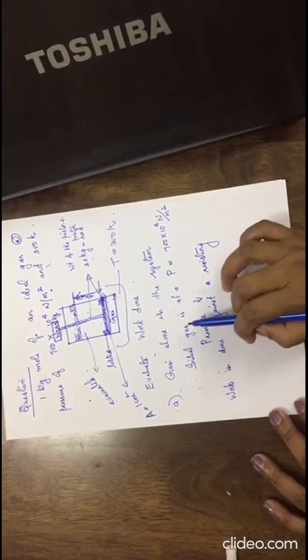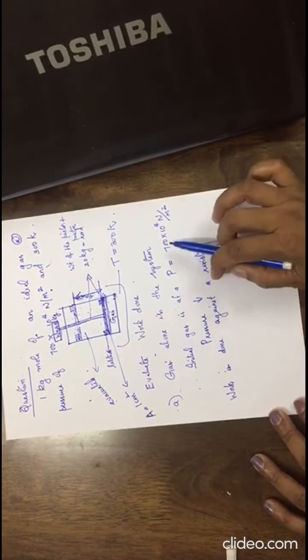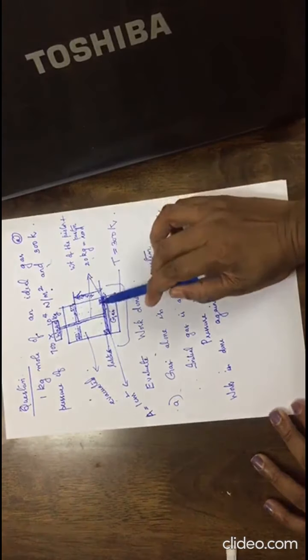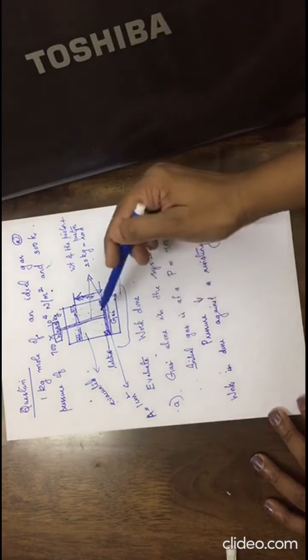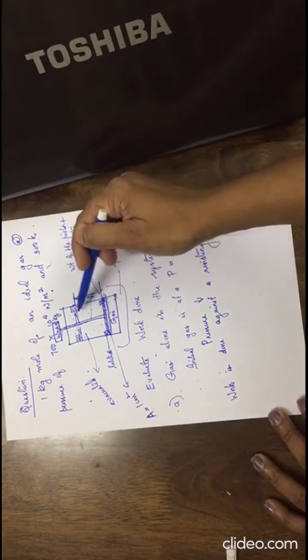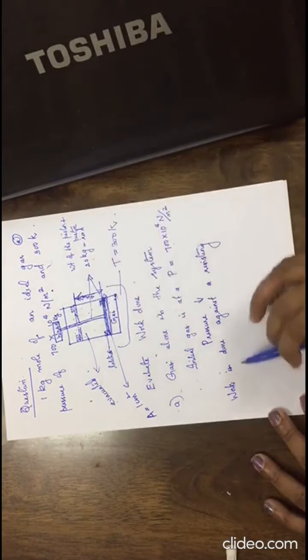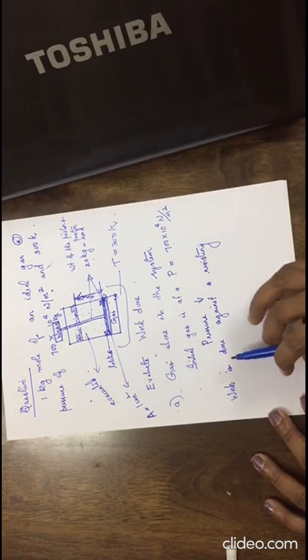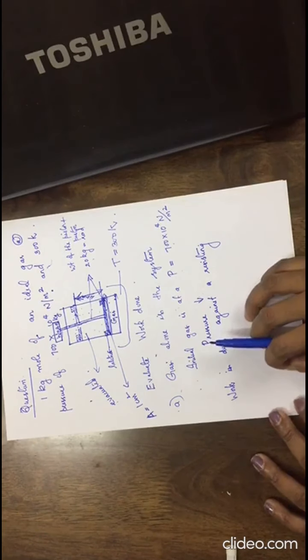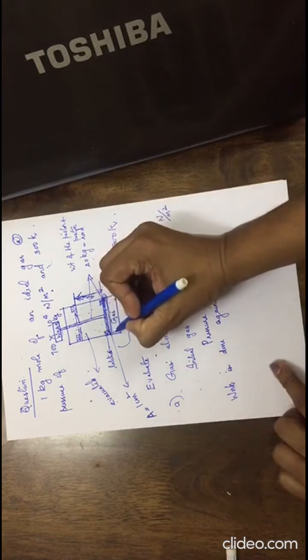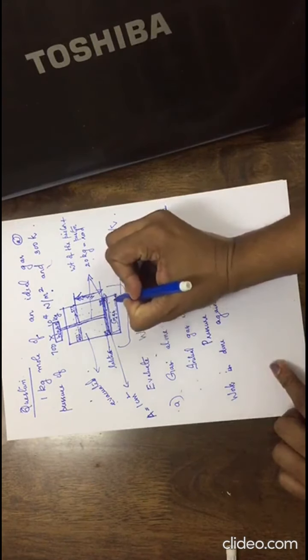So the initial gas is at a pressure 700 into 10 power 4 Newton per meter square, and once the latches are removed, the gas freely expands and it is raised through a height of 40 centimeter. We need to know how much work is done when the gas alone is considered as the system.